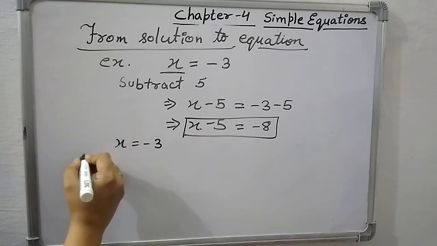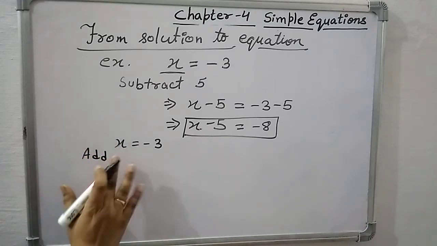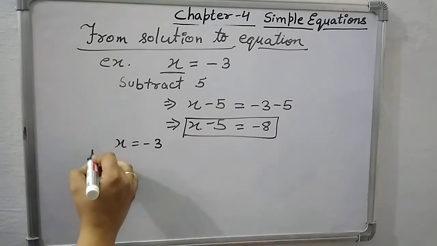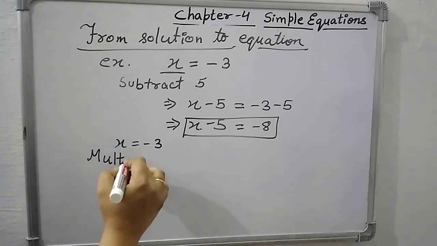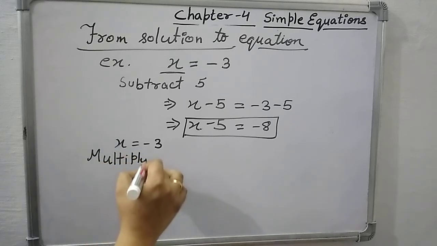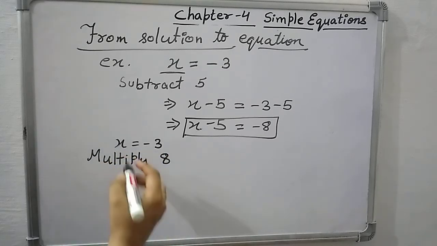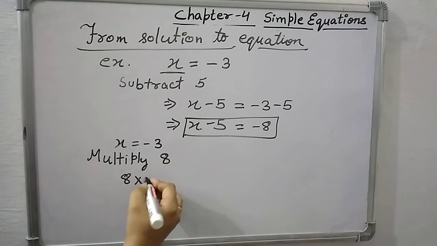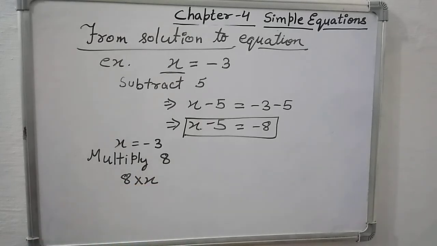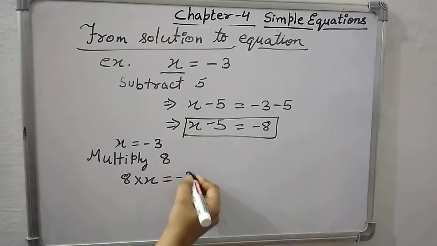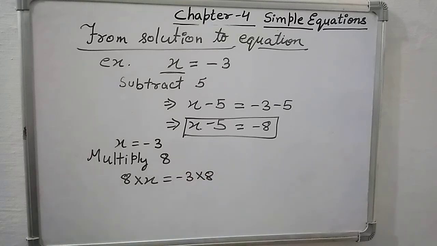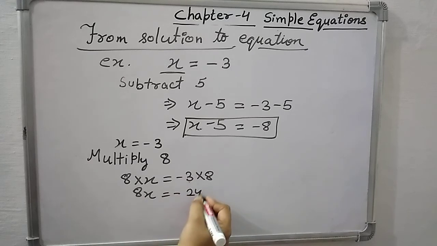Now let's do multiplication to it. Multiply 8. So on multiplying, it becomes 8 multiply x and RHS becomes -3 multiply 8. So this is 8x equal to 3 multiply 8 is 24, minus 24.